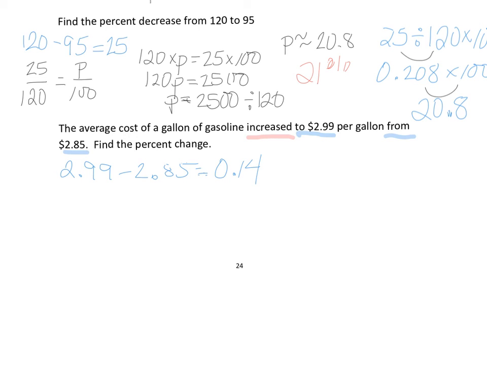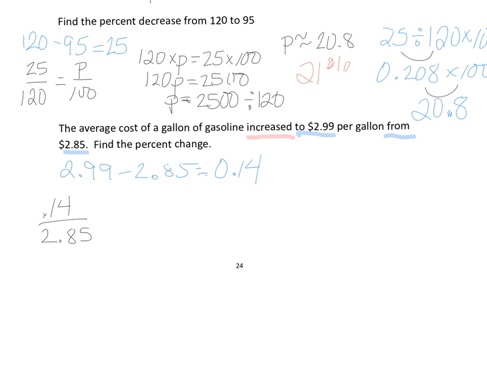Now, we have to think, if that is our change, how much the price changed, what was the original price? Where did we start? We started at $2.85. We know this because in order for it to increase, it has to go up. If we start at $2.99 to get to $2.85, that's not an increase.